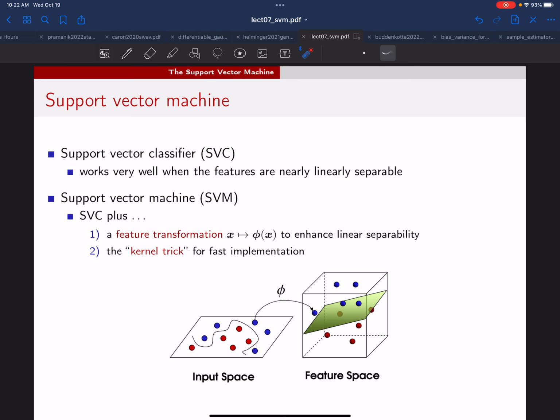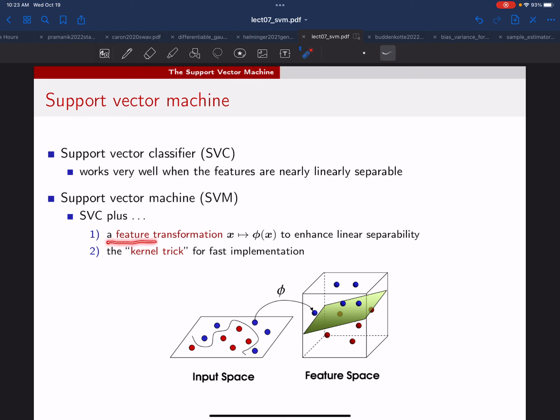And so when the features are linearly separable or nearly linearly separable, it turns out that this support vector classifier works really well. But when the features are not at all linearly separable, which is the case for MNIST, it works okay, not that much better than logistic regression though. So the strategy now is, can we do some feature pre-processing so that after the pre-processing, our new features are nearly linearly separable? And that is the idea behind the SVM.